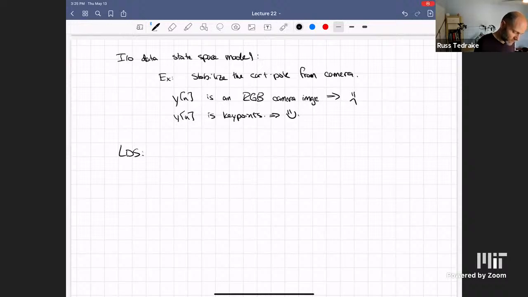I can do this input-output state space identification with basically the Ho-Kalman algorithm, which I've tried to write up in your notes, okay? But roughly speaking, I can give you just the big idea here.